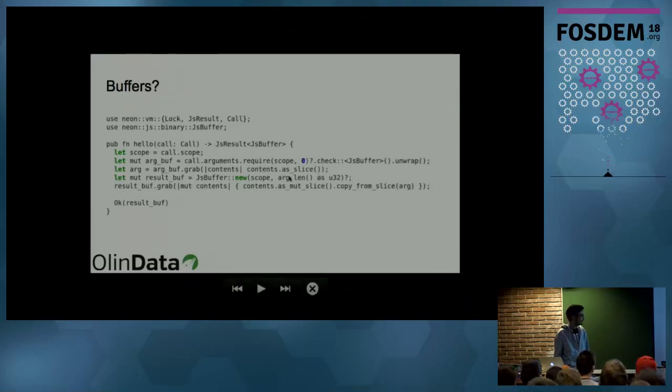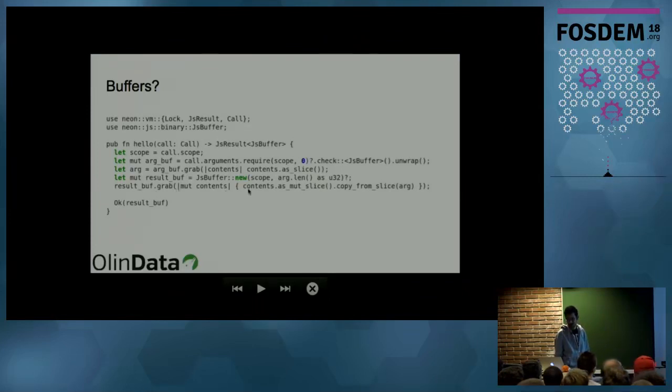So in this case, we are converting to a slice, and then just for this example, I should also show how to create a new buffer. So it's quite easy. You just pass the scope and then the length. So in this case, I wanted to just copy this buffer that the function was called with. So we just get the size of it, and then I have to call the grab method again, so it can create a lock.